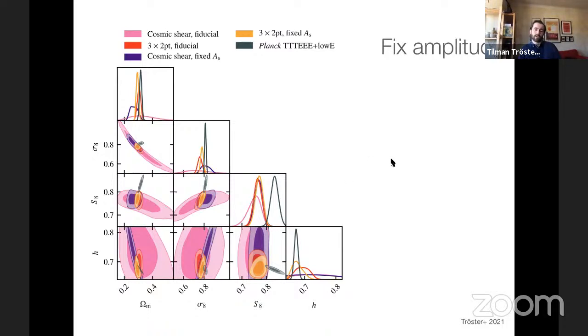And because you are restricted like that, it pulls you around a bit, especially in H. So because clustering basically measures omega m, but now you have that degeneracy imposed by that fixed amplitude between H and omega m, you end up with an H constraint from clustering that seems to be quite a bit better in agreement with Planck. But again, that is really just an effect of these different degeneracies that you caught on a specific point.